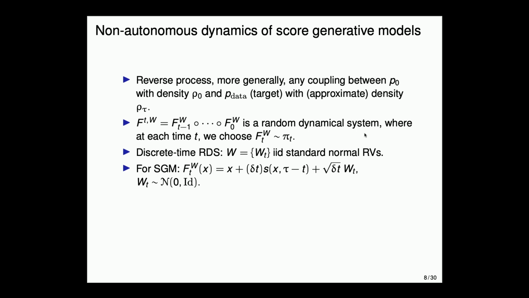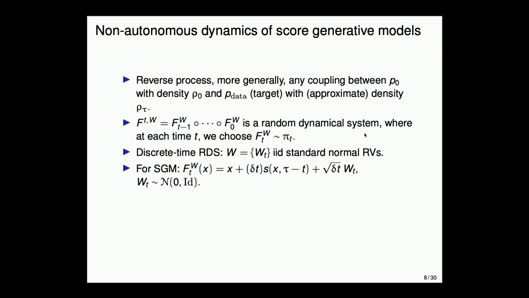But whatever, there is some discrete process, continuous in space and discrete in time, that represents our generative model, and that is what f_t is. And f with the superscript is exponential notation, very common in dynamical systems, that just represents the composition of the f's with the subscript.